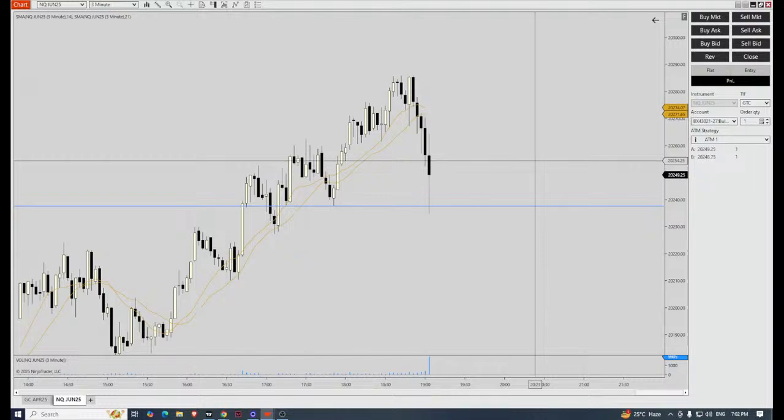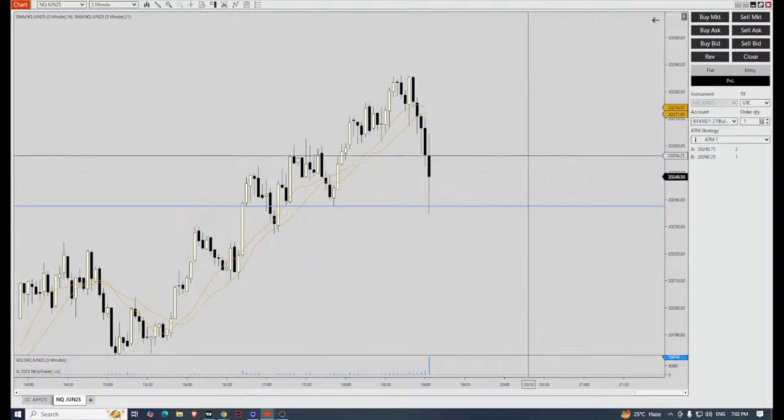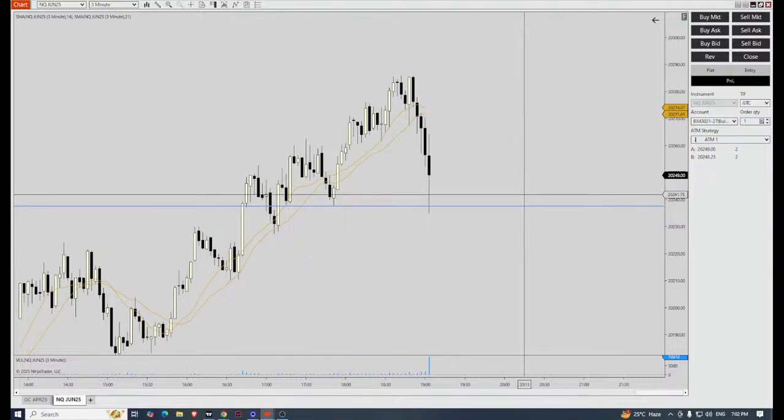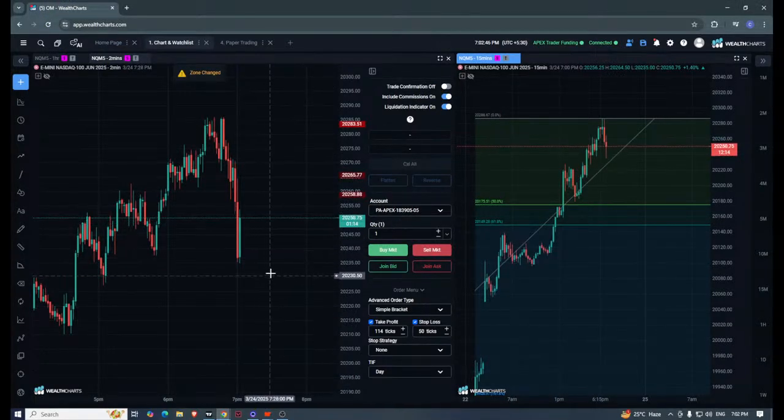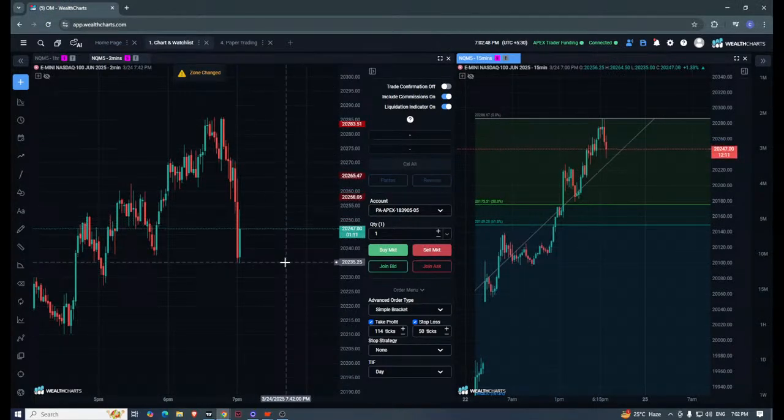Dow just rallied 300 points. Nasdaq should do that too. Just waiting for a candle close. Okay, let it close.